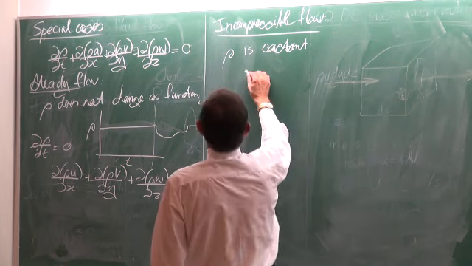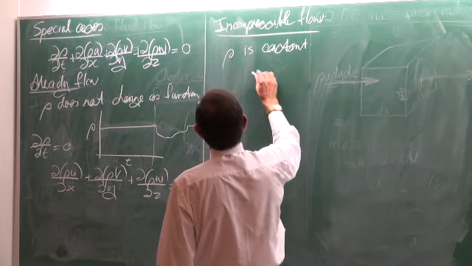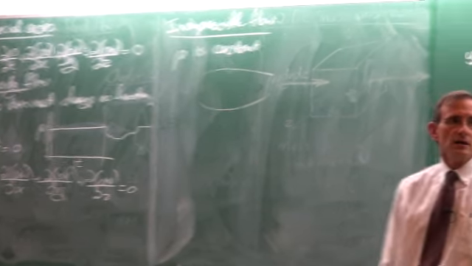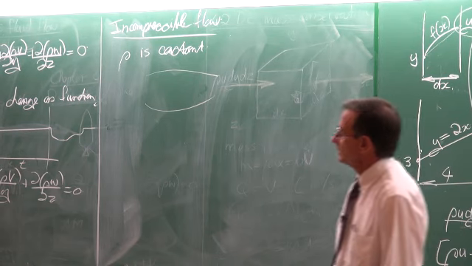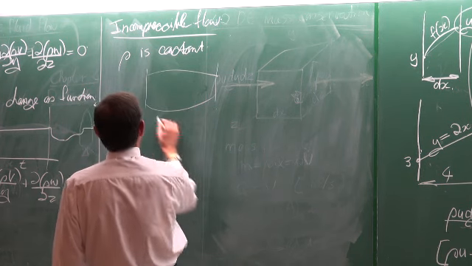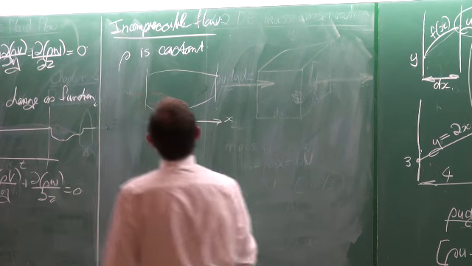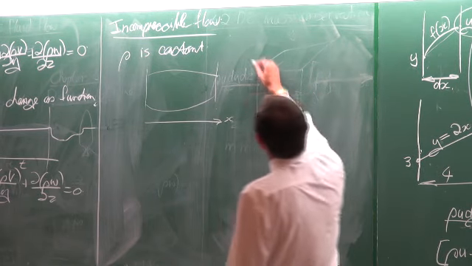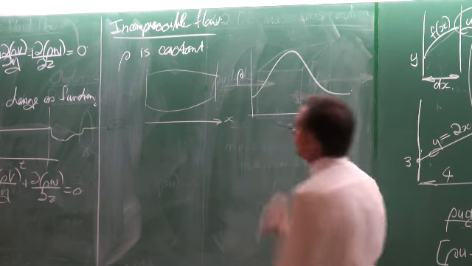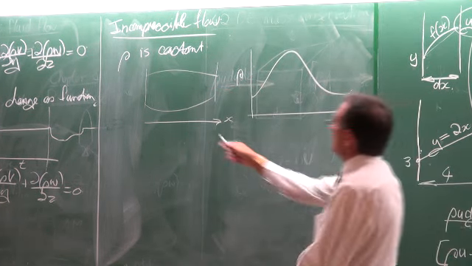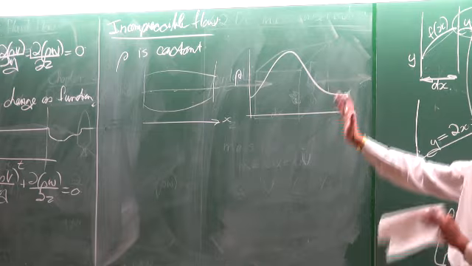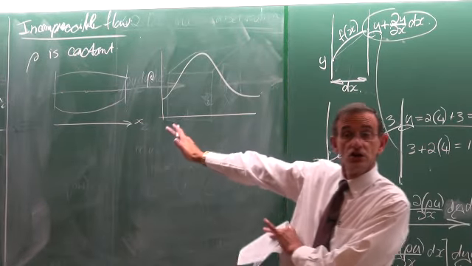So let's suppose, and this would definitely not be a good example, but let's suppose that is the engine of an Airbus, and let's suppose that is X. Then through the engine, the density is going to do something like that, if we go and measure it at different points. So the density wouldn't be constant in an Airbus engine.